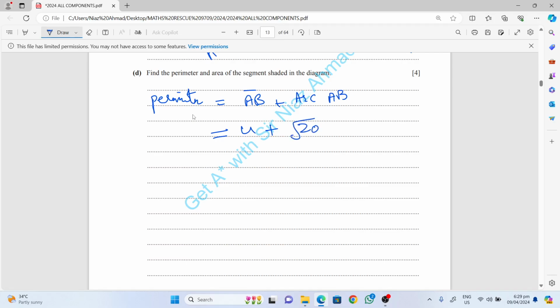R is 20 under root and theta is 2 sine inverse 2 over under root 20. So grab your calculator, add these terms, you will be getting 8.15 till 3 significant figures.